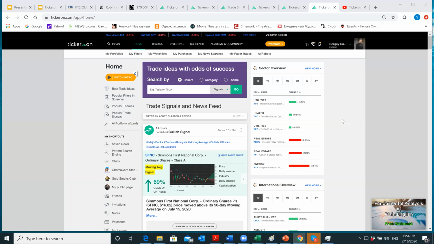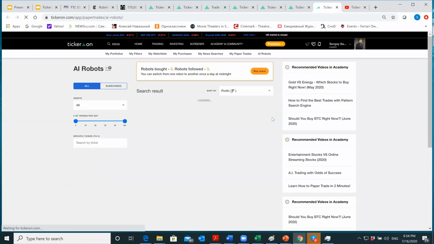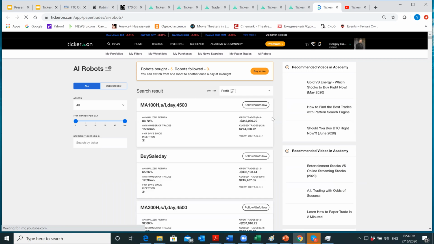We take all our knowledge, technical analysis, fundamental analysis, support and resistance lines, our neural networks, everything we have at our disposal, and then we say, robot, why don't you trade? So we're creating several robots. As you can see, I already have that button. It's going to be right here, AI robots. If you click, you're going to be able to see these robots in action.